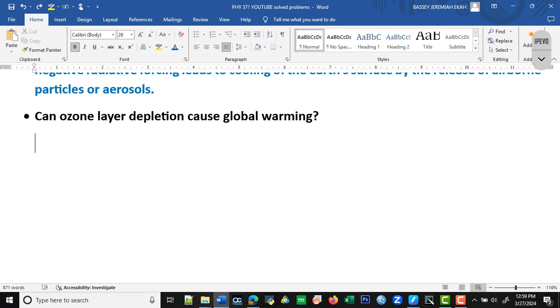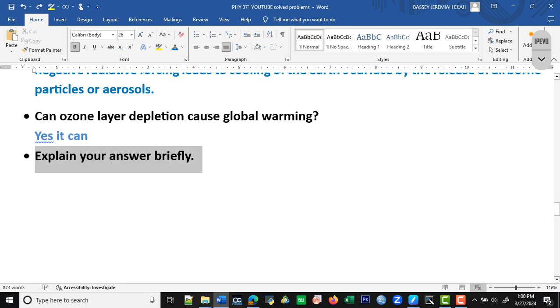But when we talk about depletion, we are referring to eating up of this protective layer of the atmosphere. So the question now is, can it lead to global warming? Yes, it can. Explain your answer.